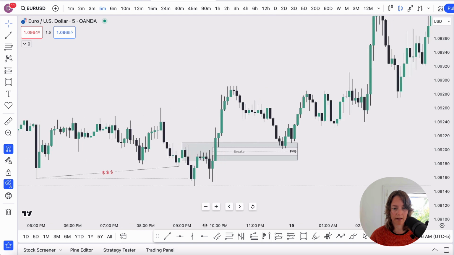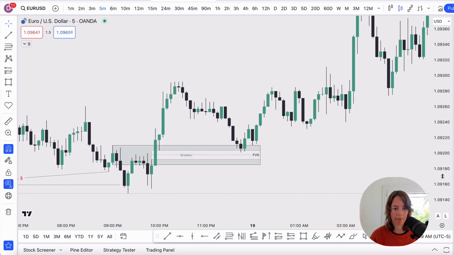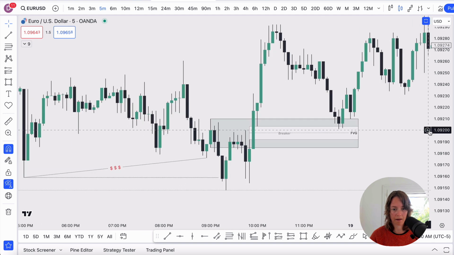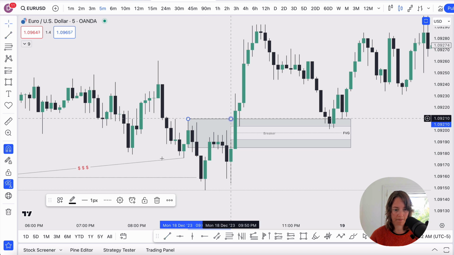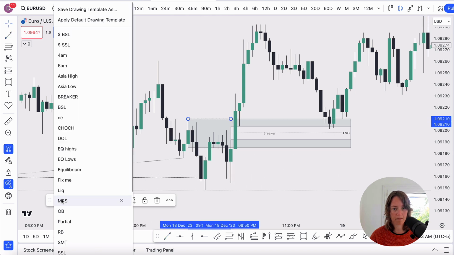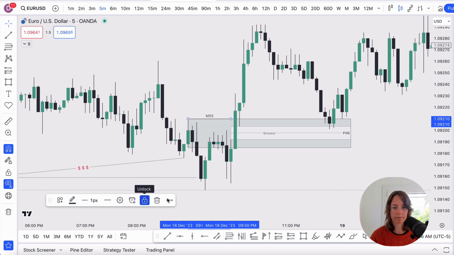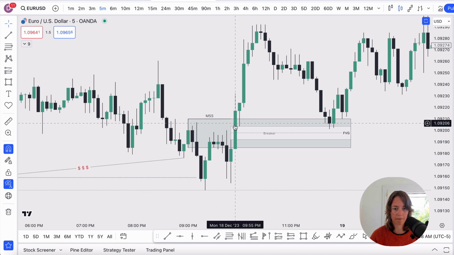Let me zoom in a bit. So after taking the liquidity, this was your last high. It made a market structure shift over here, with the displacement candle, leaving a fair value gap also over here.